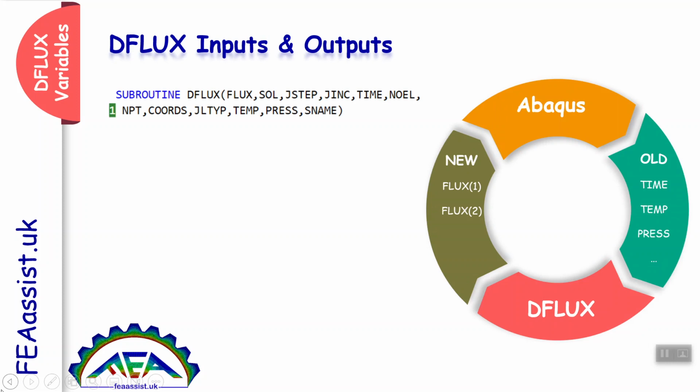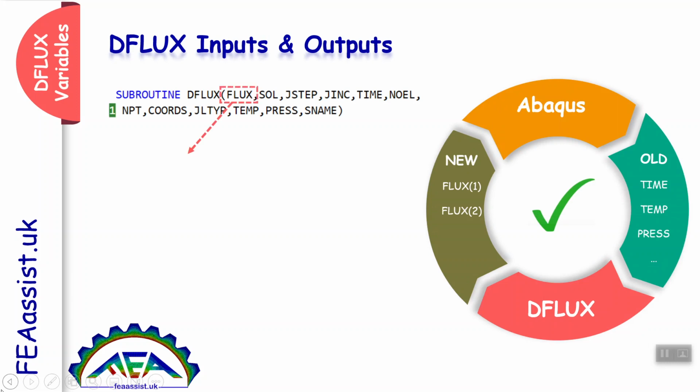Again, Abaqus gets flux 1 and flux 2 and computes the new variables: time, temperature, pressure and other variables. So this is how Abaqus and DFLUX interact with each other. We need to understand this interaction well to write good DFLUX subroutines.